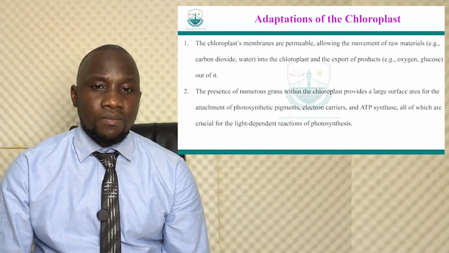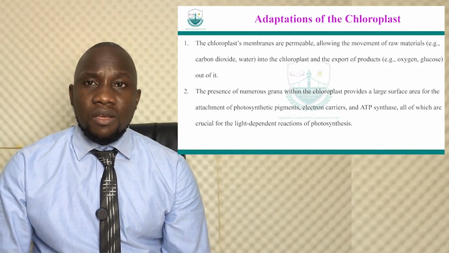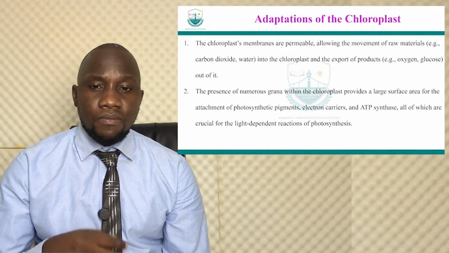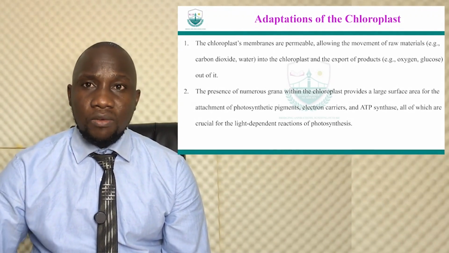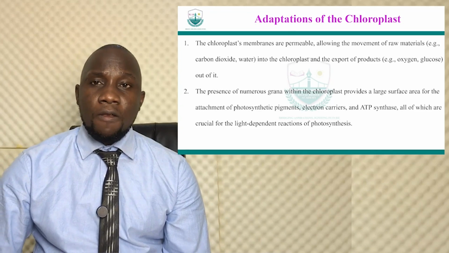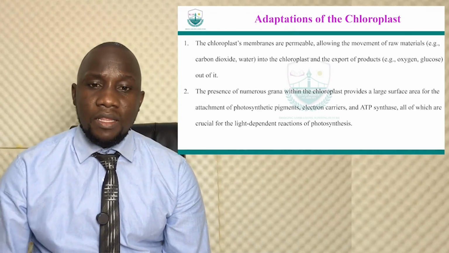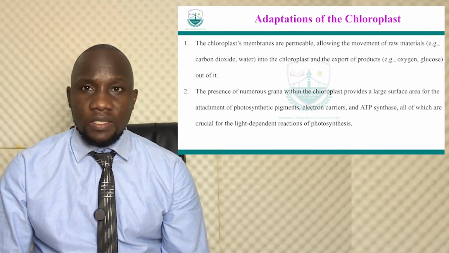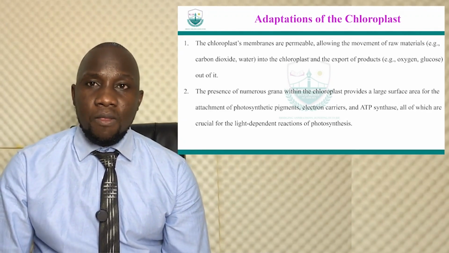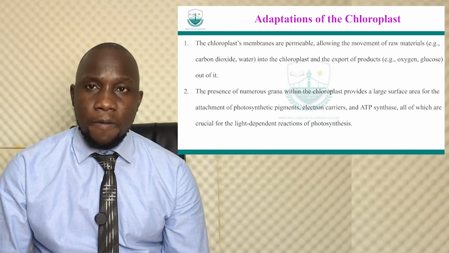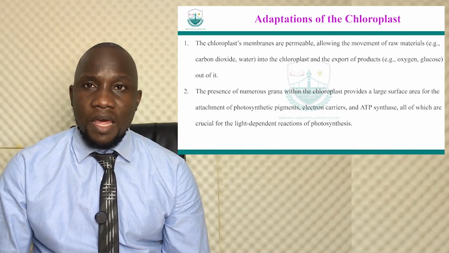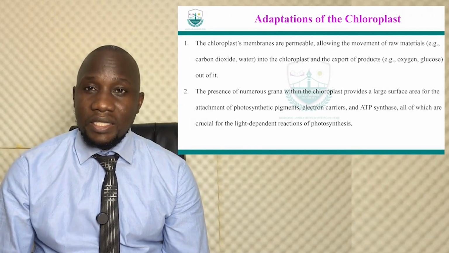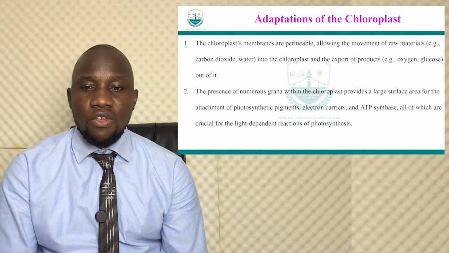So what makes the chloroplast efficient in the process of photosynthesis? One is that, of course, the chloroplast has membranes, and these membranes are permeable to the things that are actually required for the process of photosynthesis.